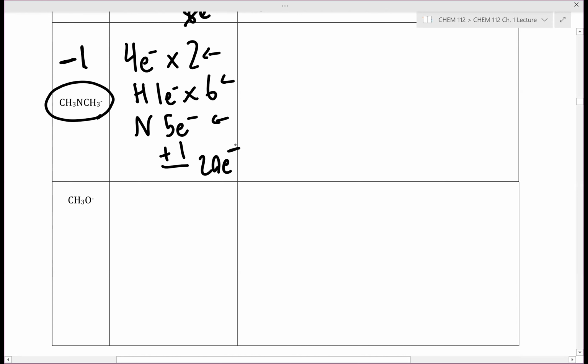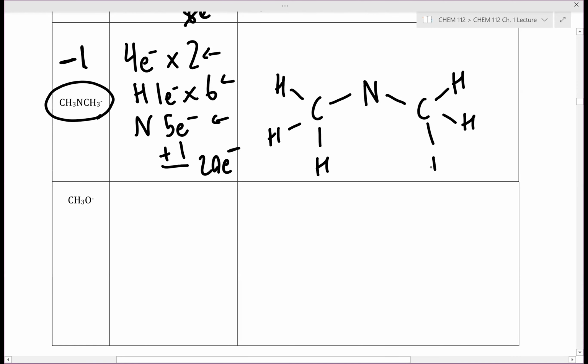Following our condensed structure, what's our first motif? CH3, or a methyl group. This carbon is attached to what atom? Nitrogen. And what is attached to the nitrogen? Another CH3. From this we've used up 2, 4, 6, 8, 10, 12, 14, 16 electrons, so we have 4 electrons remaining.